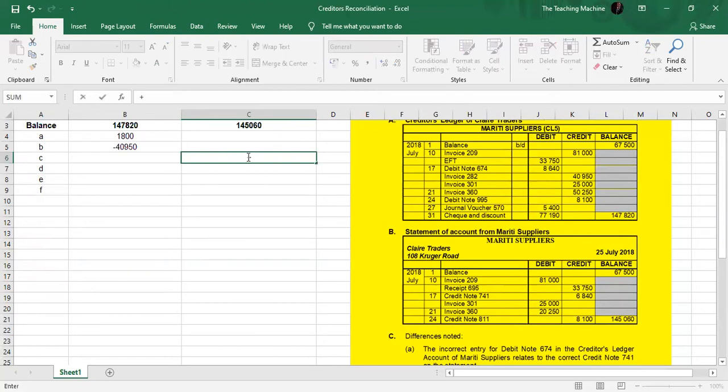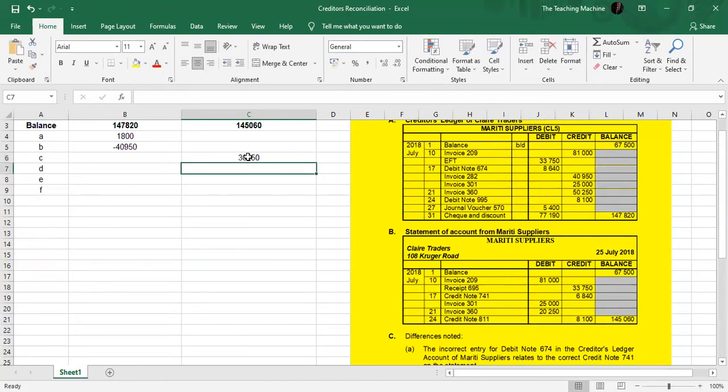We owe them 50,250, but they have recorded this invoice as 20,250. So they need to add 30,250. So if it's like this, it's positive.